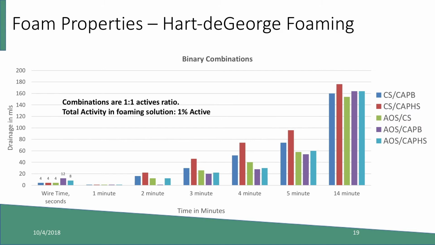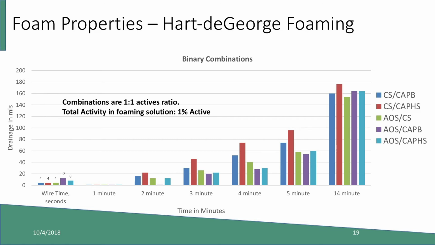And as you can see, first looking at our wire time, the AOS and the betaine is, there's a reason it's the standard. You have very good initial foaming, but when you look towards the foam stability, you can see that the CS does have some stabilizing properties. Especially you can see interaction with the amphoteric and the betaine.